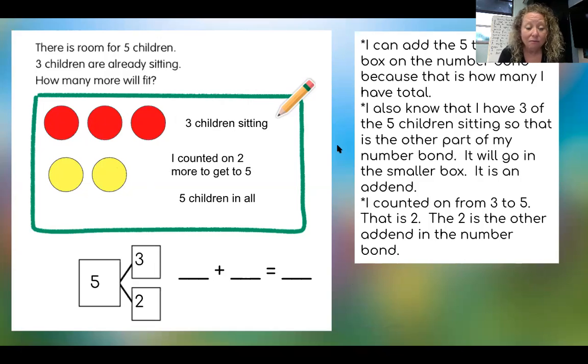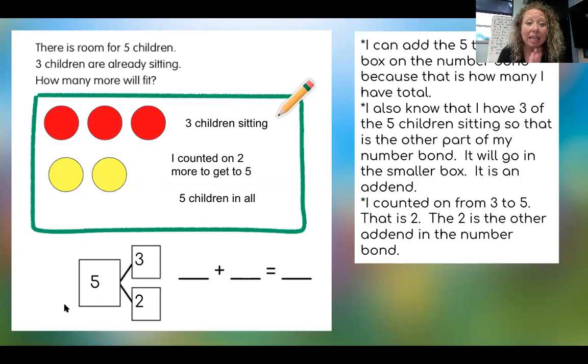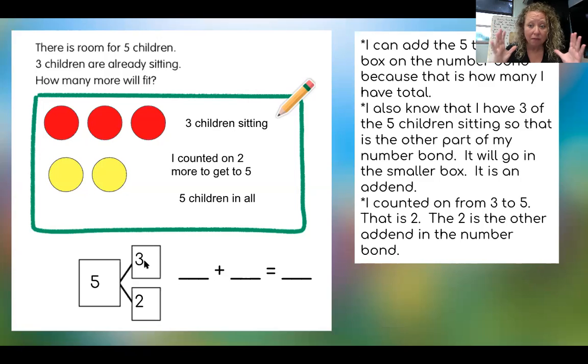I can add 5 to my big box because that's how many I have in all. I also know that I have 3 children that are already sitting. So I add that to my smaller box because that is part of the whole. 3 is part of the big group of 5.